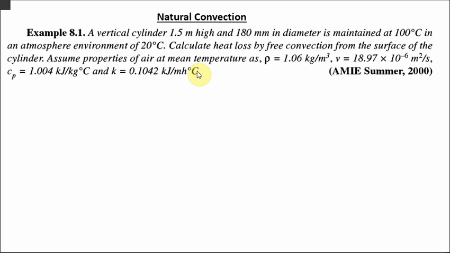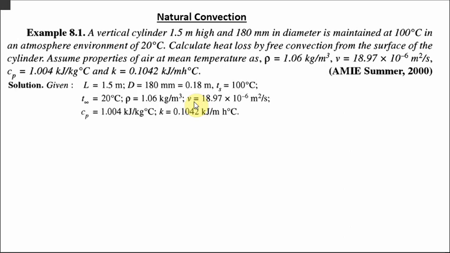In case of vertical cylinders and vertical plates, if Rayleigh number is less than 10 raised to 9, it is laminar. If it is more than 10 raised to 9, it is turbulent. So our first aim is to decide the Rayleigh number, or the Grashof number into Prandtl number. These are the given data.